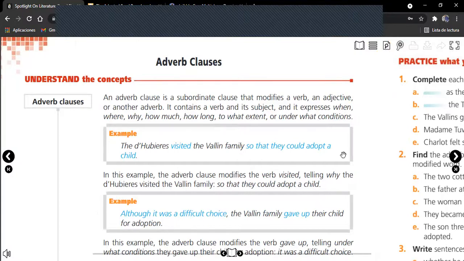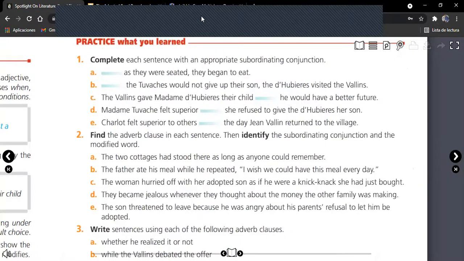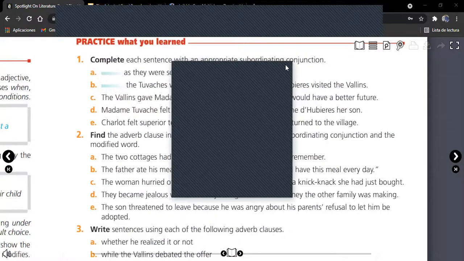I have a video, the explanation here, and also some exercises to work.